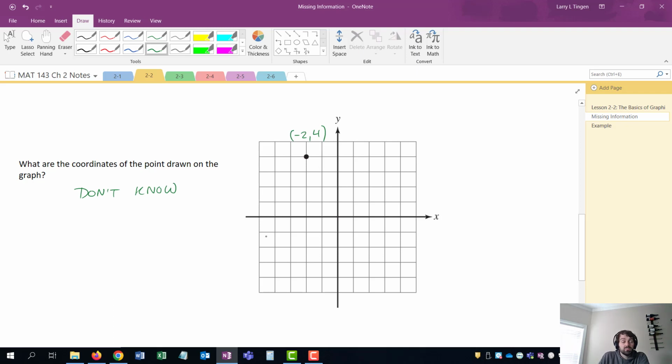Each one of these hash marks might be worth 2 units. Then the point would be -4, comma, and then I move up 2, 4, 6, 8. What if each one's 10?